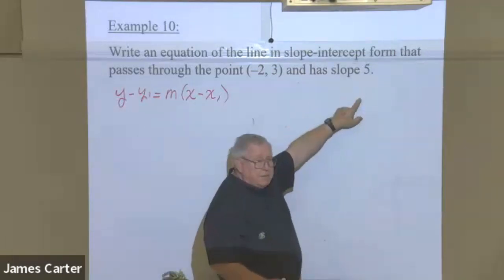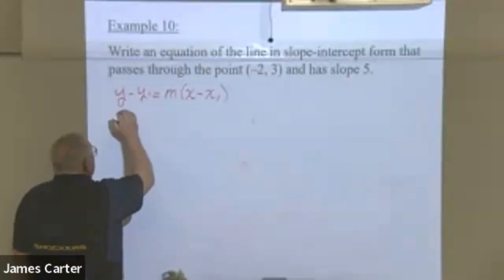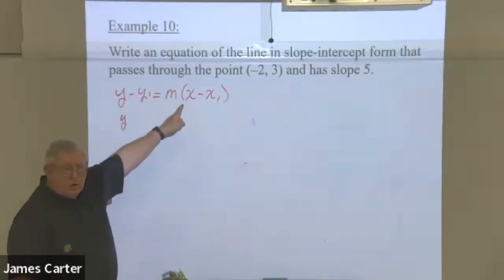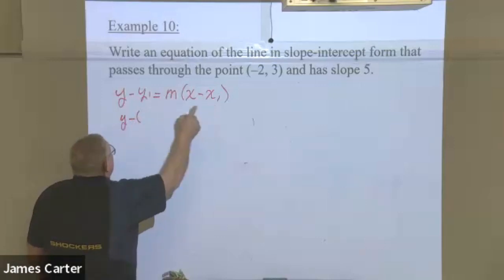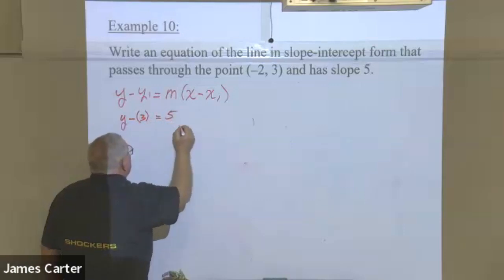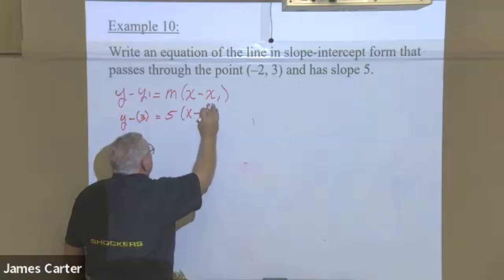Okay? So if we want to solve this, I would like you to always write the form of the equation. You do that much and you got 1 point. y minus 3 equals the slope, in this case 5, times x minus negative 2.